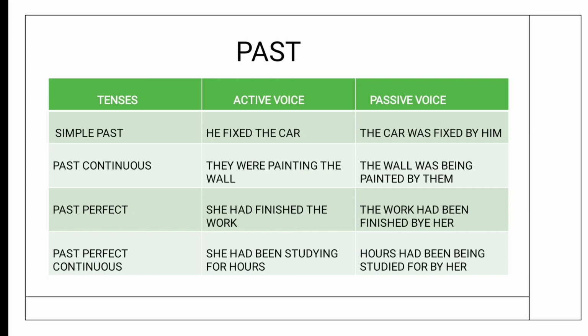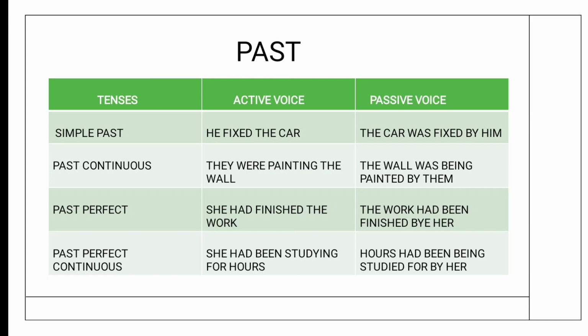So the object of the active voice, the work, will become the subject of the passive voice, and had will stay the same. Whatever the subject is, whether it is plural or singular, whether it is I, you, we, they, he, she, it, you have to add had. Okay, the work had been. When we are converting a perfect tense, whether it is present perfect or past perfect, we have to use been.